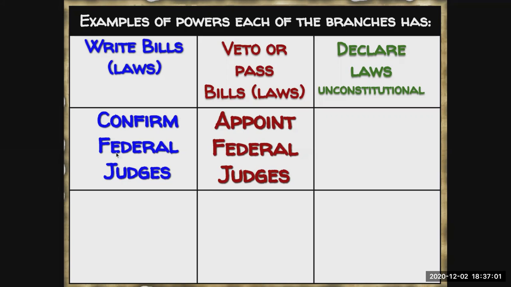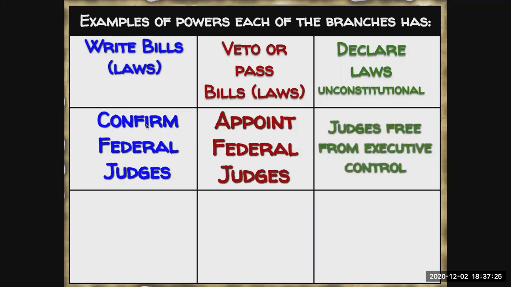Congress has to confirm federal judges. So they interview all these judges, they come to hearings, and they decide whether or not this person should be sitting on the bench of a federal court. So again, the president nominates the person, and then the Congress decides whether or not that person can actually take the job.